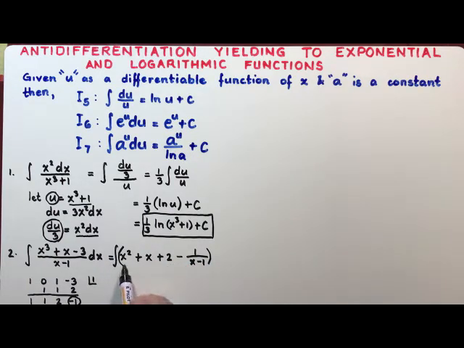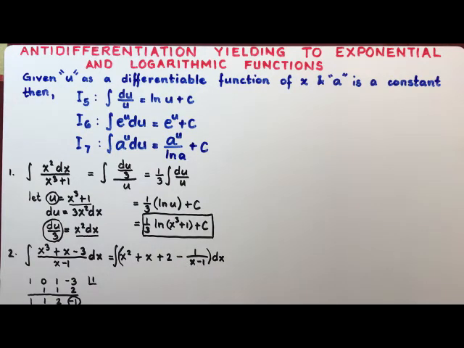So the integral of x squared plus x plus 2 minus the fraction 1 over x minus 1 dx. So this time you see that we can integrate clearly this polynomial, but I have a rational here.